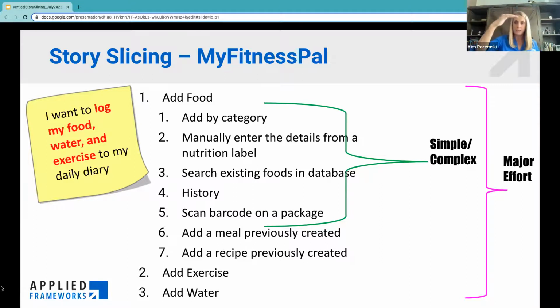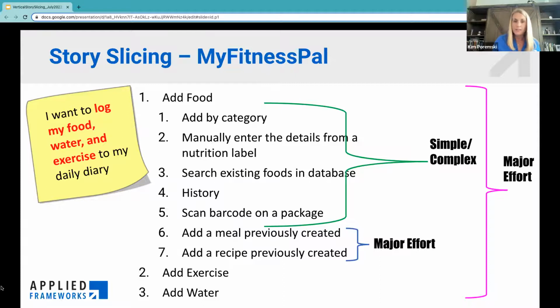So it goes progressively more complex as you move on down the line. Adding a meal previously created or a recipe previously created, again, seems like a major effort to me, because I can't even add a meal or a recipe until that capability in the system has been built out in the first place.